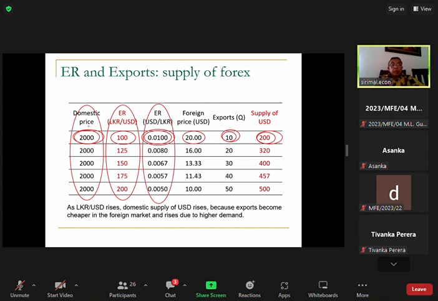Now, next time the exchange rate has depreciated to 125. You can see the inverse of that one. That means US dollars per rupee has actually declined there. Dollars per rupee decline.